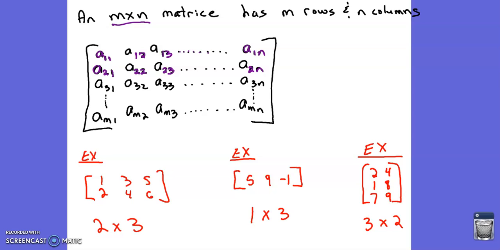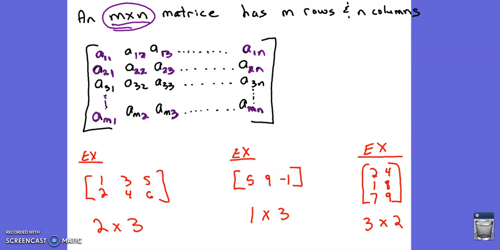And then it's going to keep going on and on, all the way down to row M, however many rows there are, and this is column 1, column 2, column 3, and then it keeps going all the way. And then the final entry is, depending on how many rows we have, that's M rows and N columns. So this is an M by N matrix.